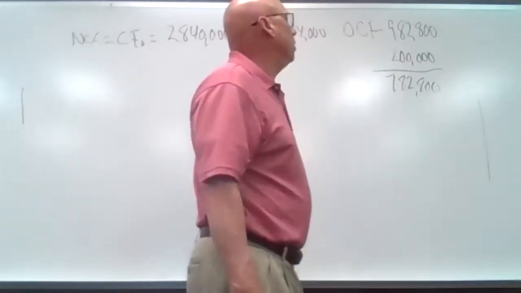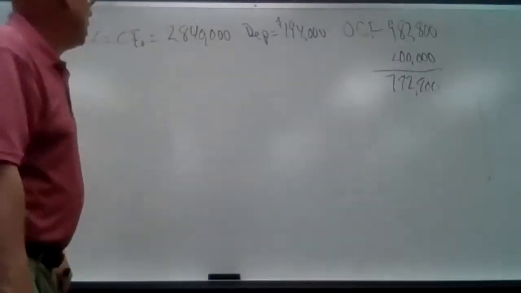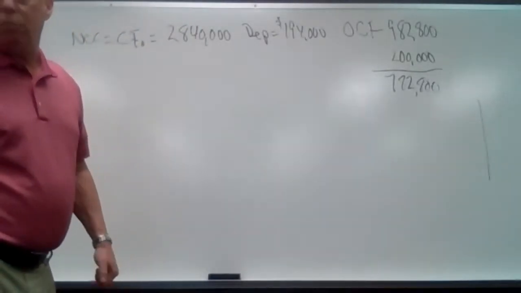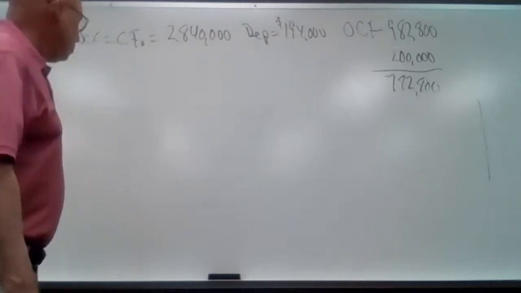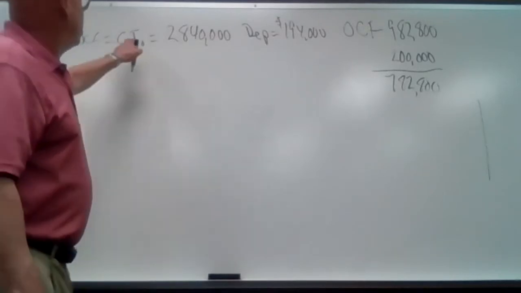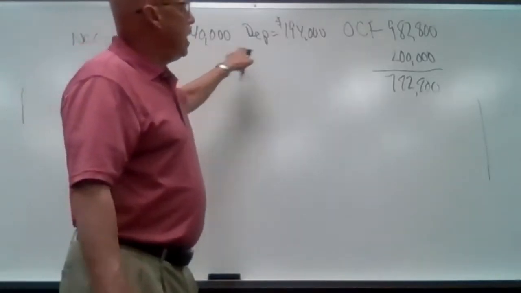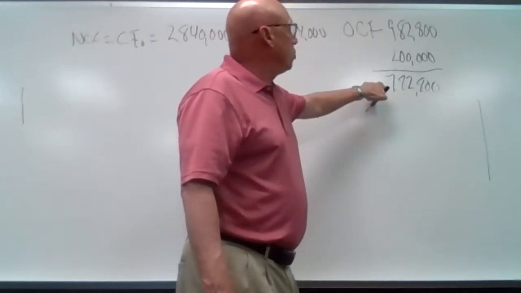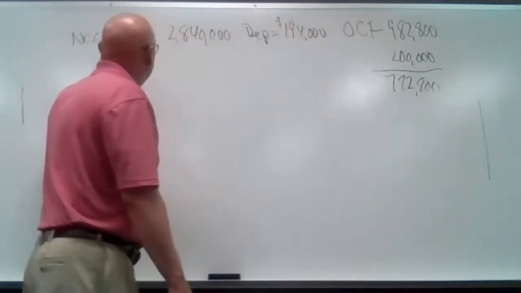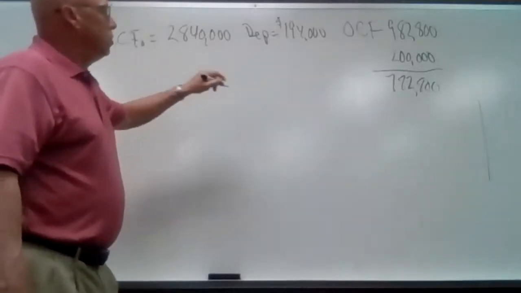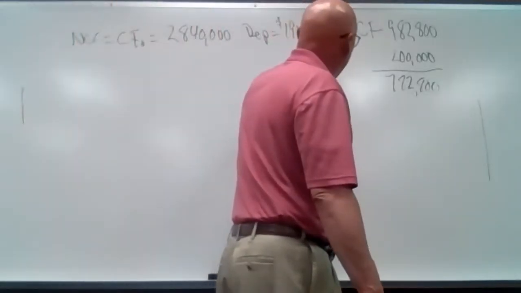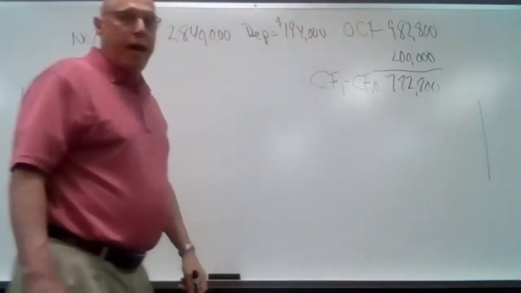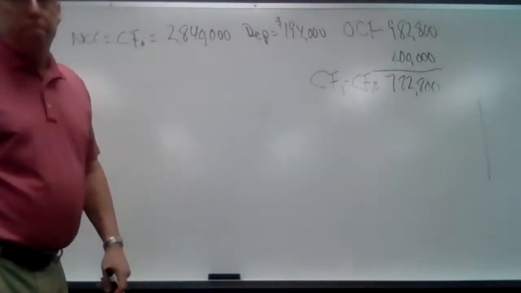So you'd recover a little bit of that through taxes, but I don't want to overcomplicate it. All right, the other thing I could have done was just said, you don't have to reinvest any money in there. All right, so we've got our CF0 and we have our OCF, okay? So that's all we need, and that's for time. So this is CF1 through CF10. All right, now we need to do the WACC.